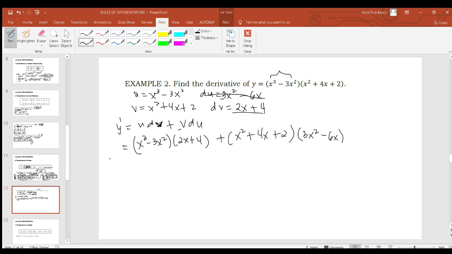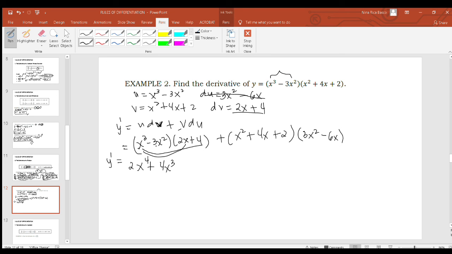Then after that, let's simplify the equation. The first term, let's expand it by using the FOIL method. X cubed times 2x is 2x to the fourth. Plus outer, x cubed times 4, 4x cubed.